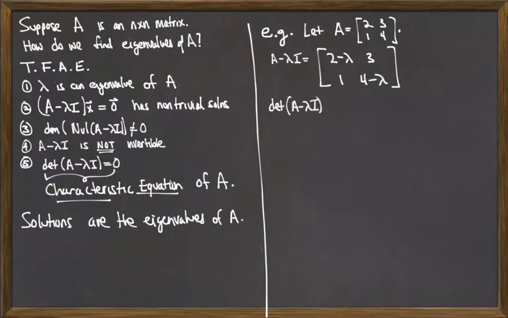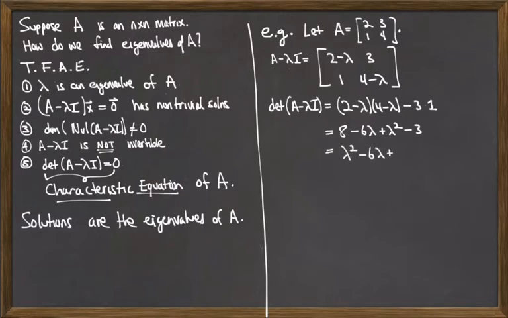The characteristic equation says calculate the determinant of this expression. So I'm going to take the determinant of A minus lambda I. This is a 2 by 2 matrix, easy to do the determinant by just doing an expansion here. I'm going to take 2 minus lambda times 4 minus lambda, and then I need to subtract from that 3 times 1, so minus 3. Let's just expand all this out, FOIL this out a little bit. I'll have 8 minus 6 lambda plus lambda squared minus 3.